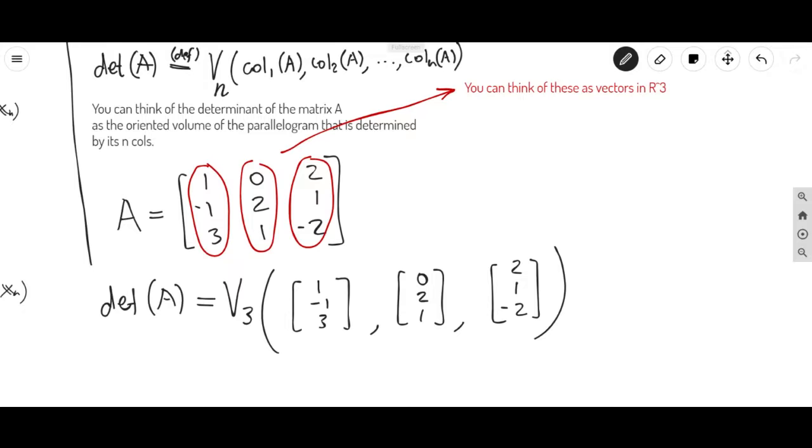In plain words, the determinant of this matrix is the oriented volume of the parallelogram that is formed by these three column vectors.